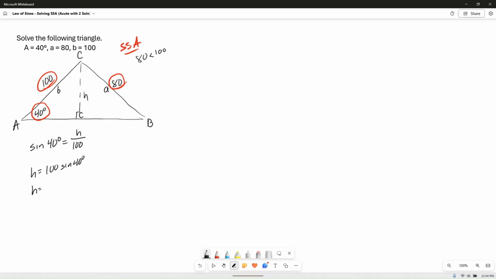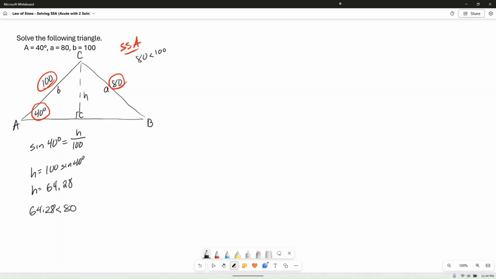And so 100 times the sine of 40 degrees gives us a height of 64.28, roughly.